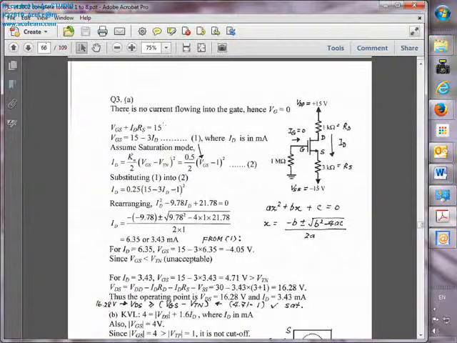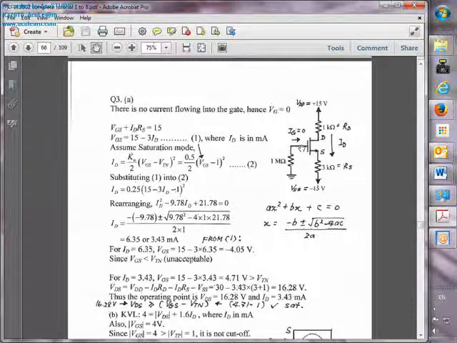As mentioned, there's no current flowing into the gate, hence VG is equal to 0. The voltage here is 0. Let's write a KVL equation from this point and downwards.